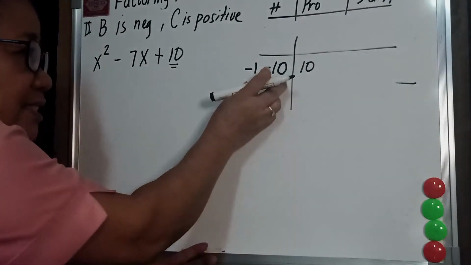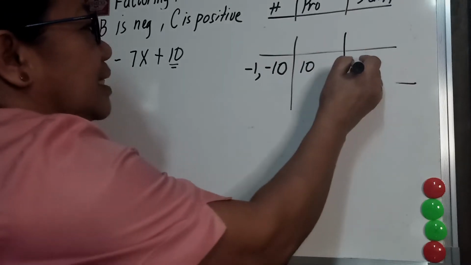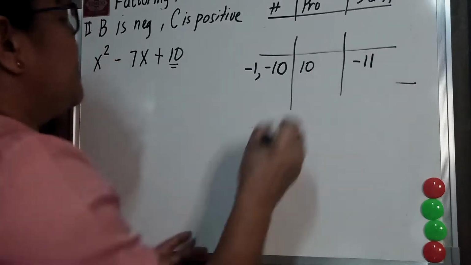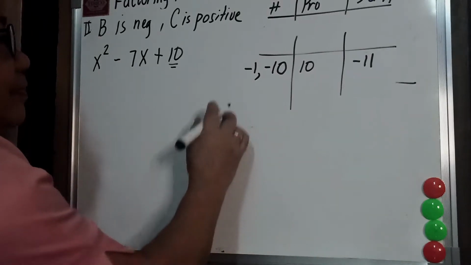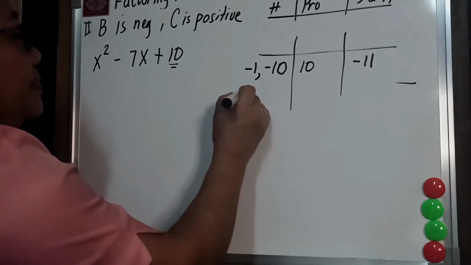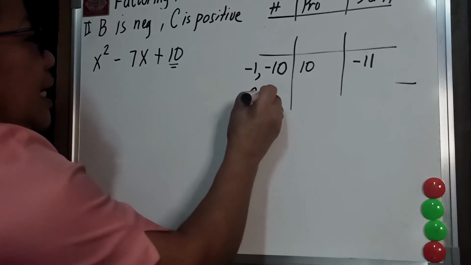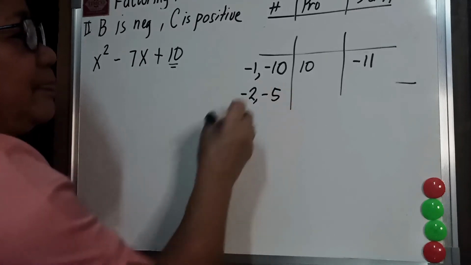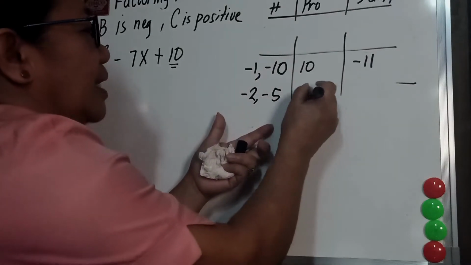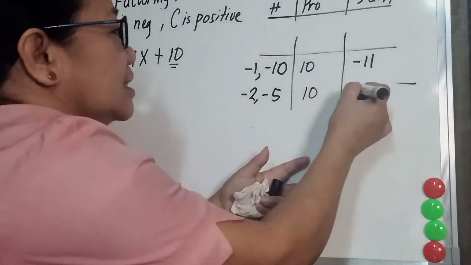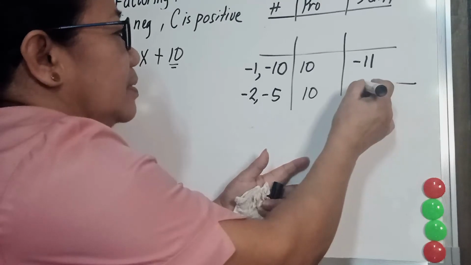The sum of this is negative 11. Let us have another pair, negative 2 and negative 5. The product is positive 10, the sum is negative 7.